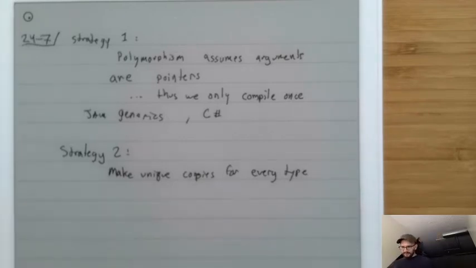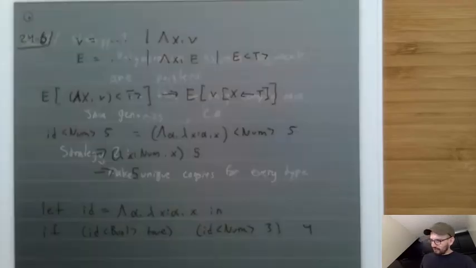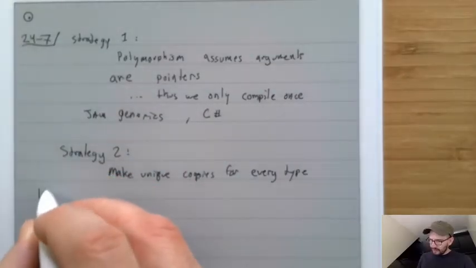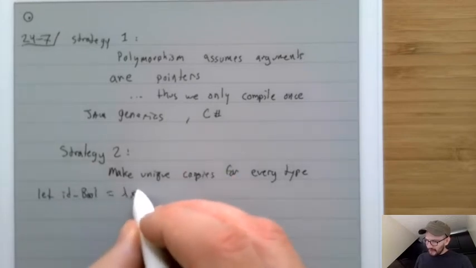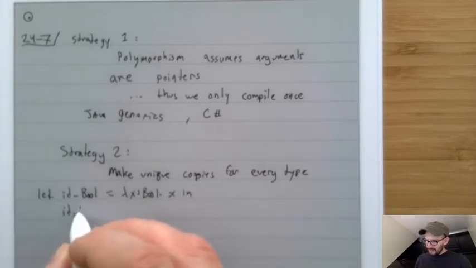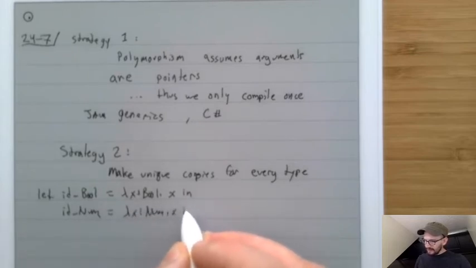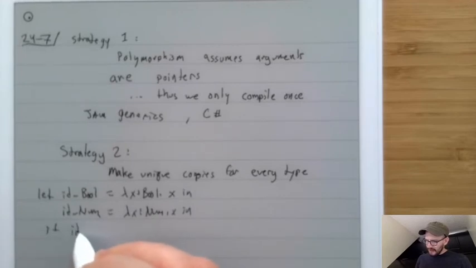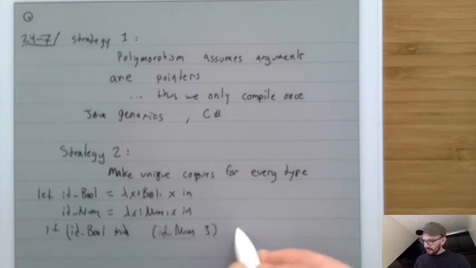So, for example, with this program right here where we apply it to bool and we apply it to number, essentially what happens is we transform the program into let id_bool equal lambda x bool x in id_num lambda x num x in if id_bool true and then id_num 3 4.